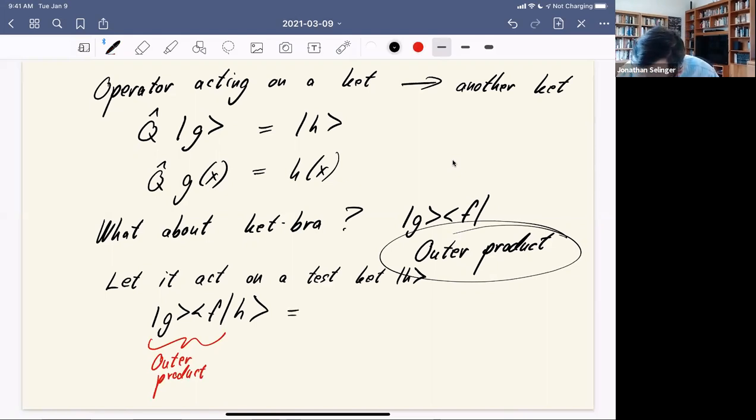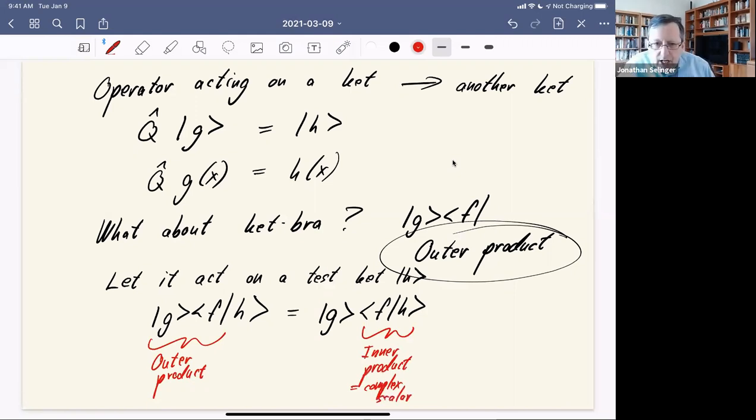Now this is G times <F|H>, which is an inner product, which is some complex scalar.